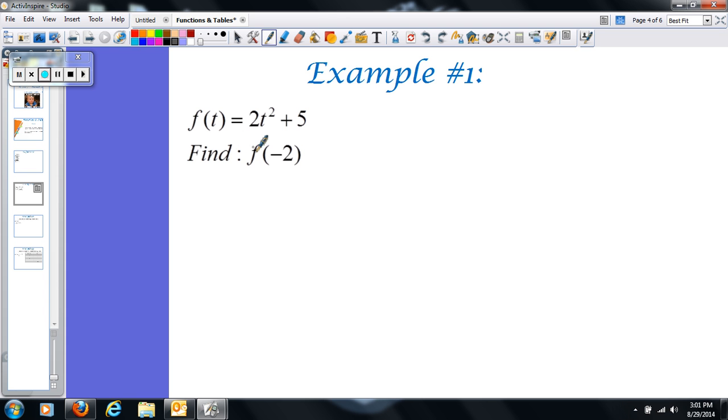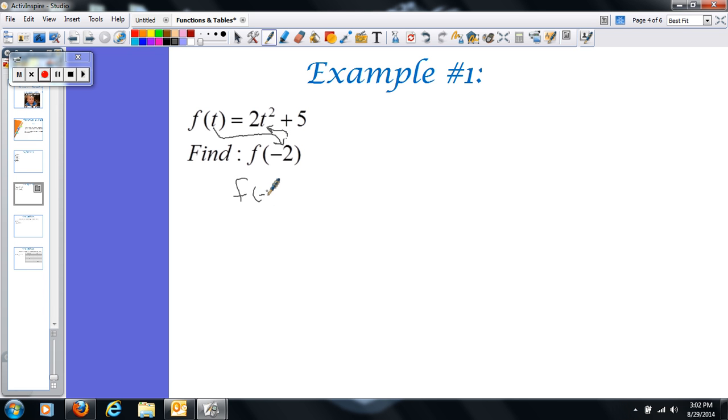I want you to find f of negative 2. When you look at this, I'm hoping you noticed that the t was replaced with negative 2. So since the t was replaced with negative 2 here, we're also going to replace it here.